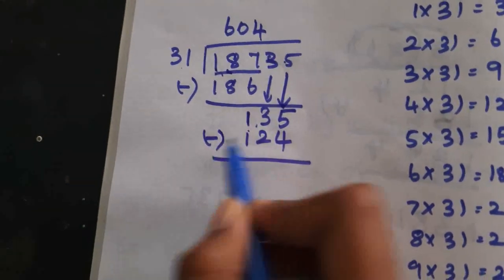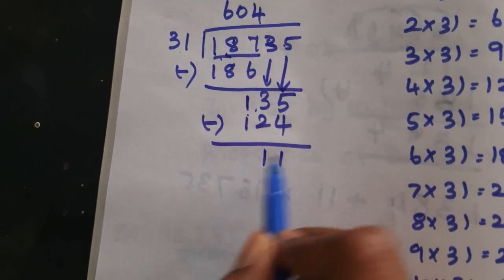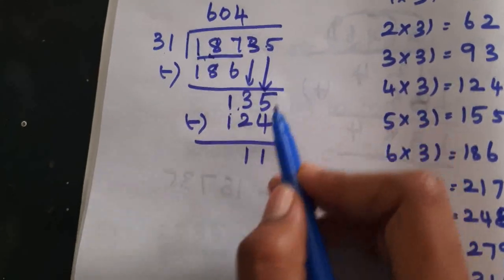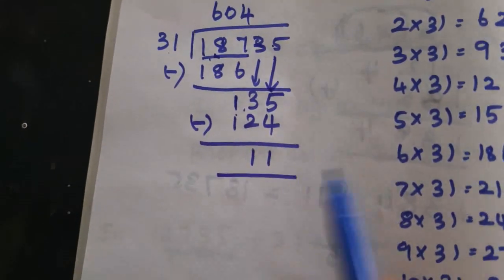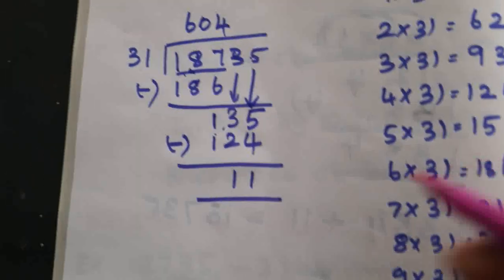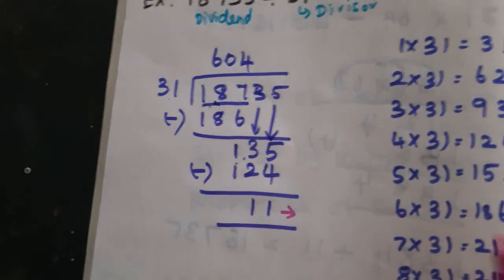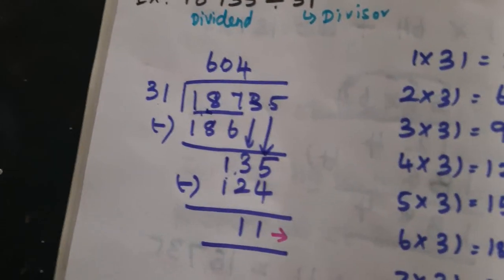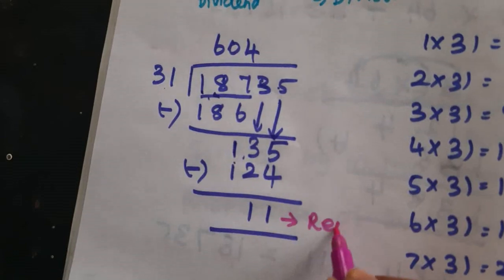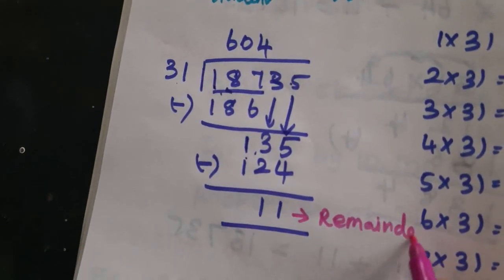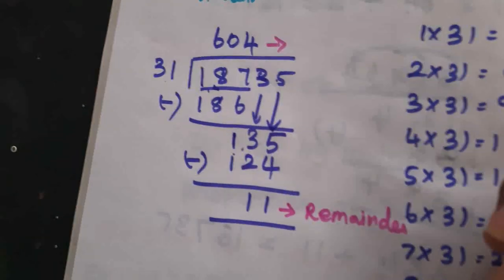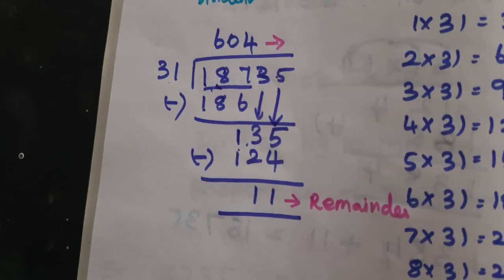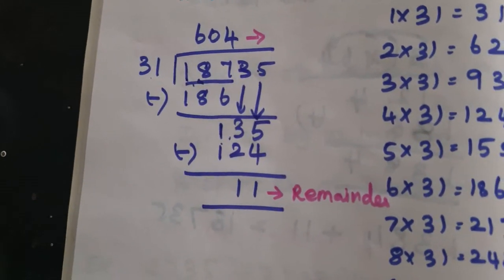124, minus. 11. So here after the 5 there is no number, so 11 is a remainder. Now you have to write which is remainder, which is quotient, dividend, divisor. Why I ask you to write this is because it is easy to substitute in the formula.